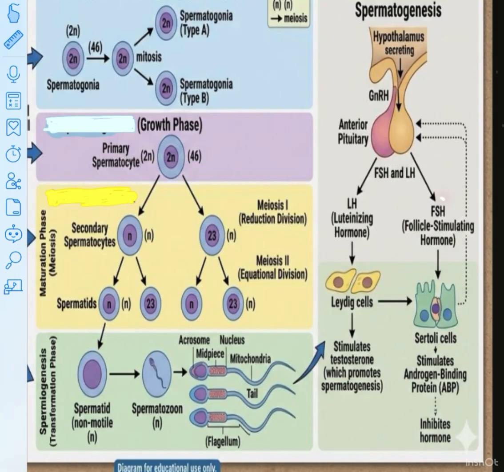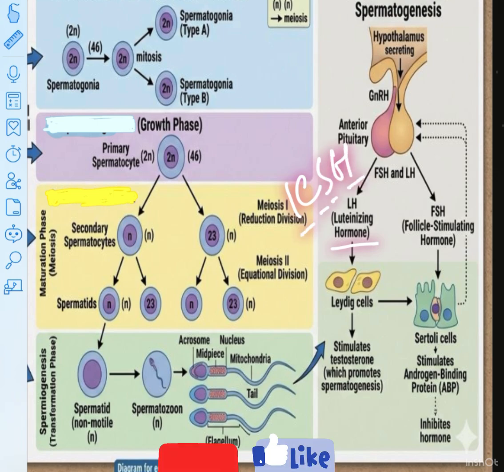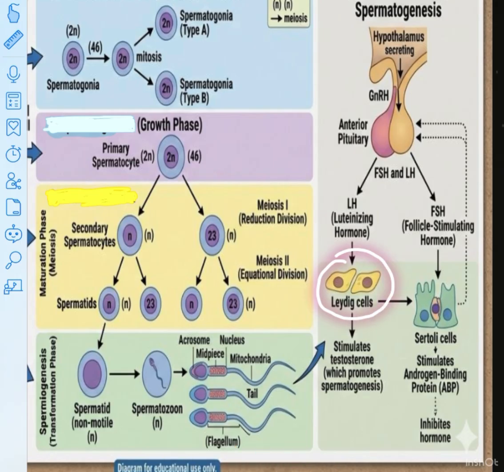As we see, FSH, follicle stimulating hormone, stimulates the Sertoli cell, and luteinizing hormone, also known as ICSH, interstitial cell stimulating hormone in male, stimulates the Leydig cell, and the excited Leydig cell secretes testosterone.